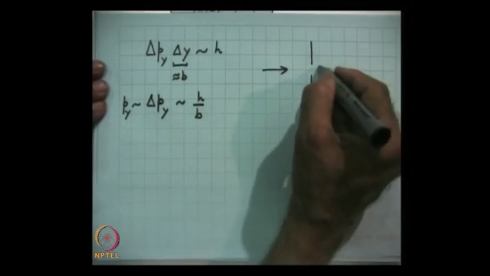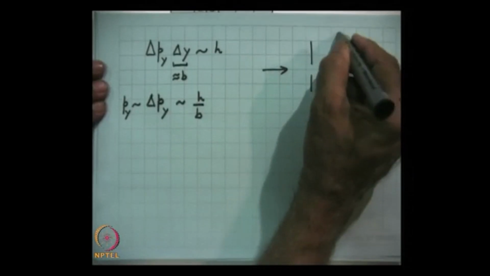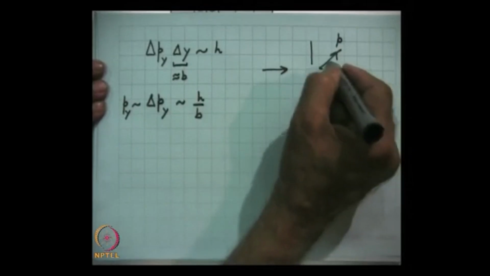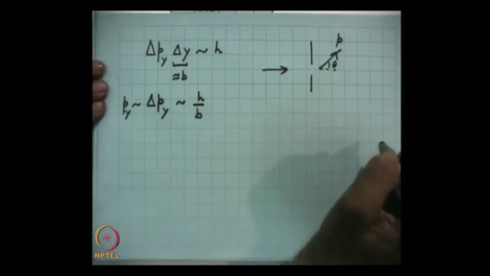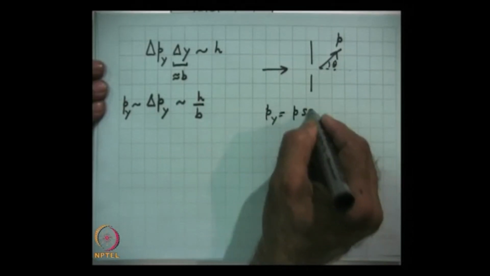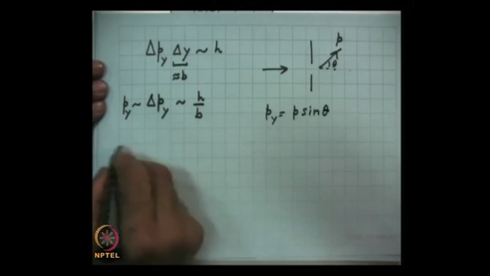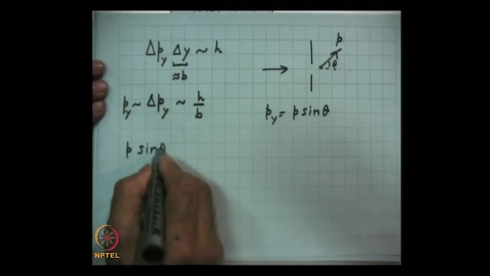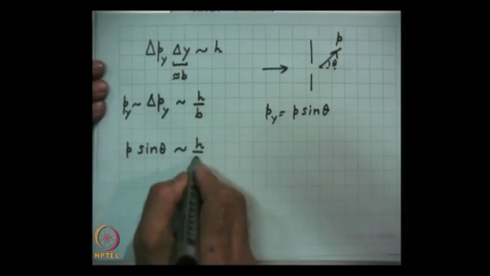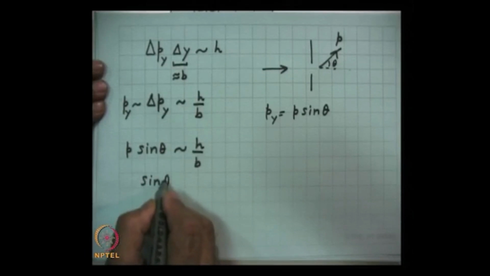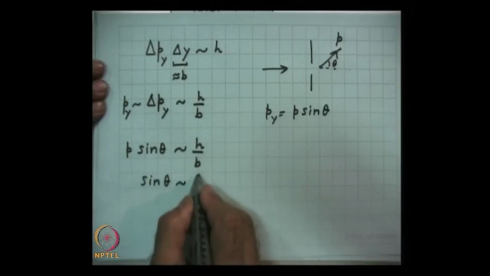So, what is p y? As I mentioned, if this is the particle's momentum and if this is the angle of diffraction, p y will be equal to p sin theta. So p sin theta will be of the order of h by b. So sin theta will be of the order of h by p times b.